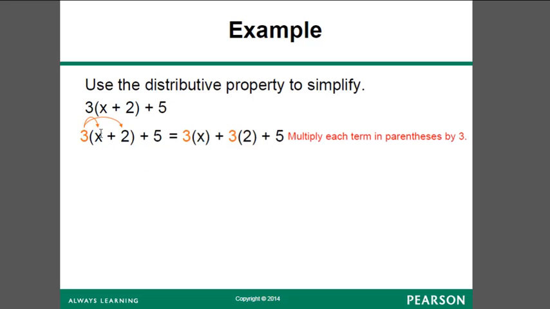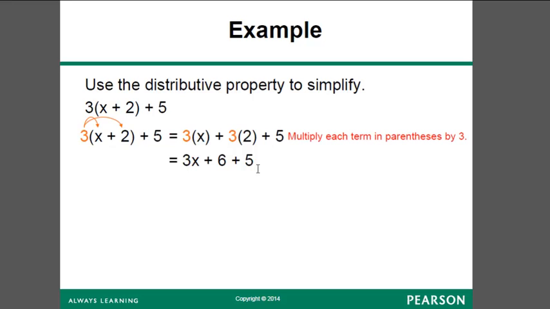I've taken the 3 times the x plus 3 times 2, and then I've just tacked on the 5. Do not multiply the 3 times the 5. It is not inside the parentheses. Now I can simplify 3 times x plus 3 times 2, which is 6, plus 5.